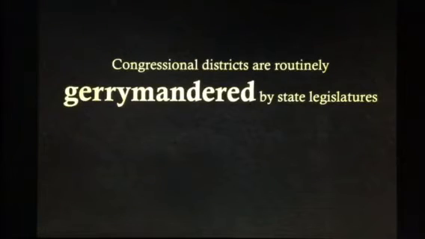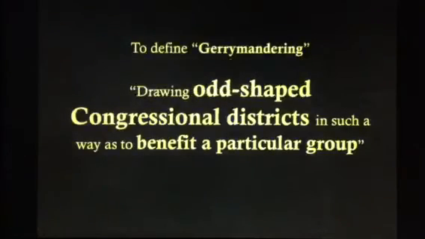These funny-looking districts that benefit a particular party or a particular group is called gerrymandering. To define the term gerrymandering, we would say it's the drawing of odd-shaped congressional districts in such a way as to benefit a particular group.